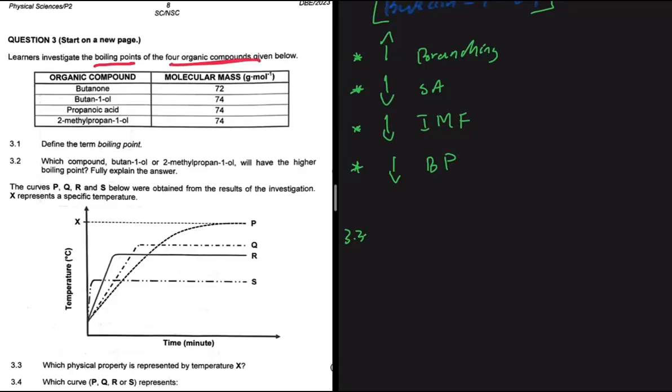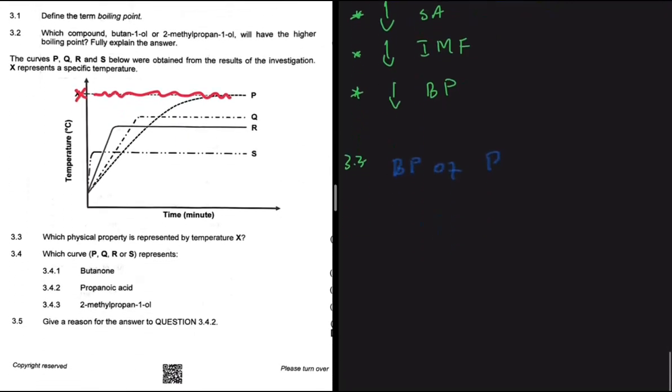And then you can see that X here on our graph, it corresponds with P, right? The graph for compound P. So what can you say the answer to 3.3 is? We're investigating the boiling point of these 4 compounds. That is the boiling point of P.